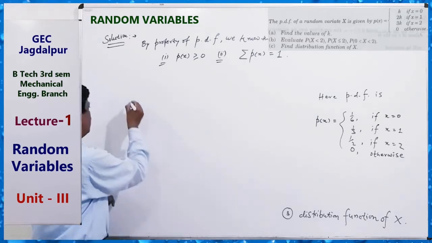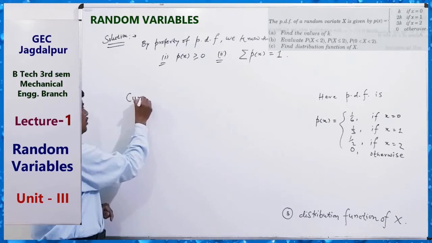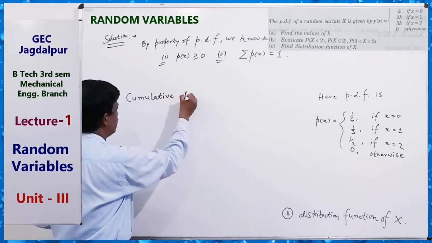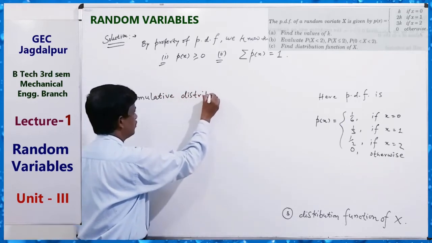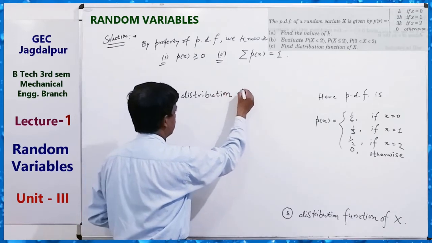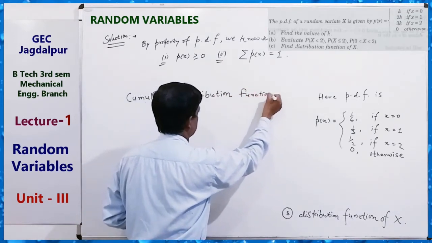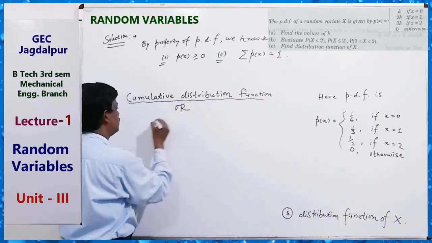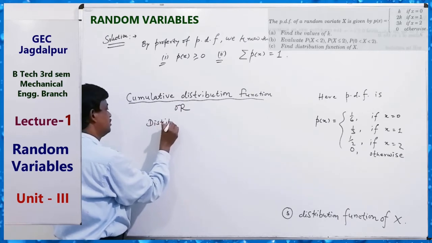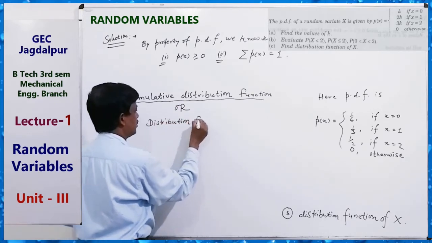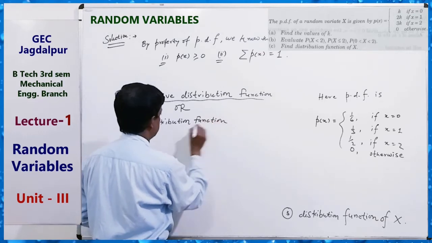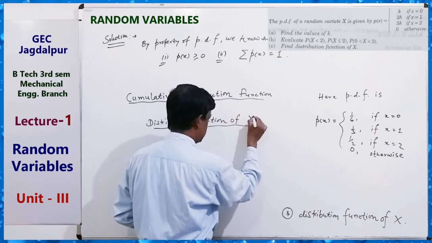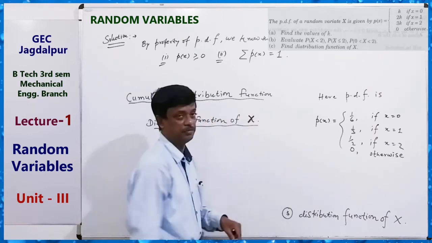Distribution function is generally called the cumulative distribution function, or just distribution function, of the random variable x.